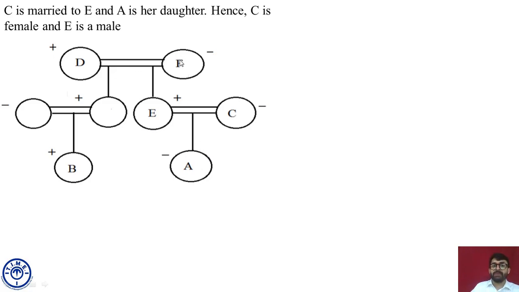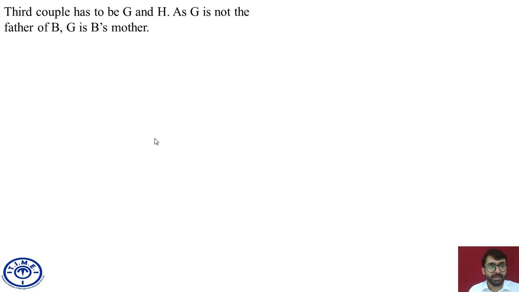The only couple I'm left with is two persons. I have used most of the symbols. I'm left with G and H. So let's move ahead. G and H have to be in the second generation, and one of them is male, the other one is female.